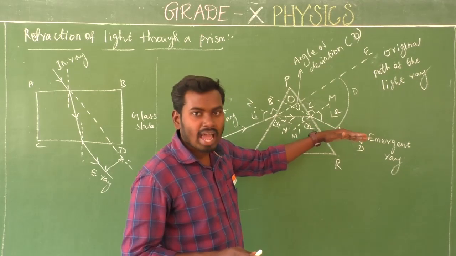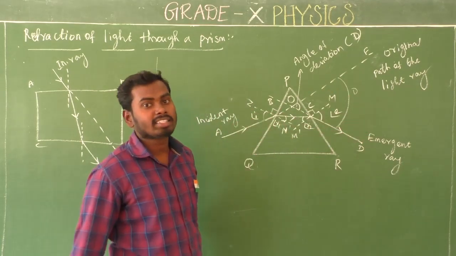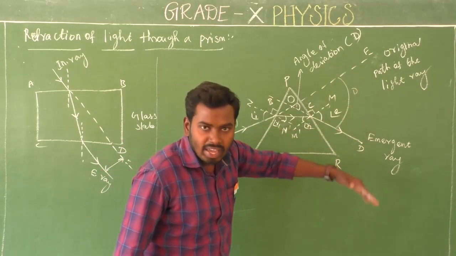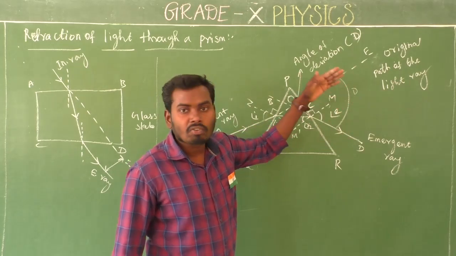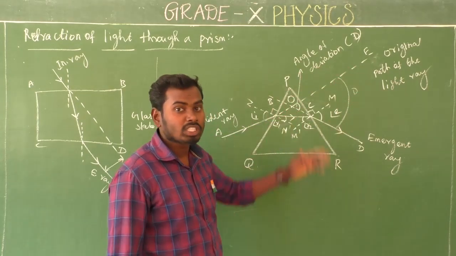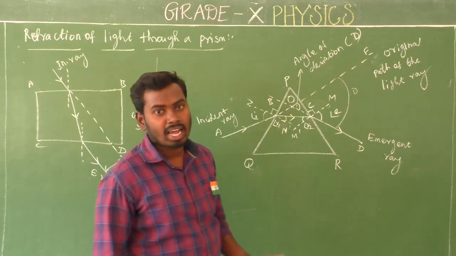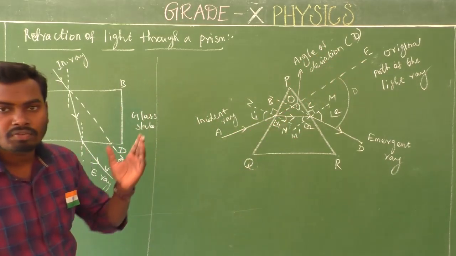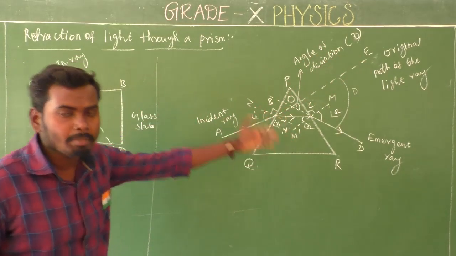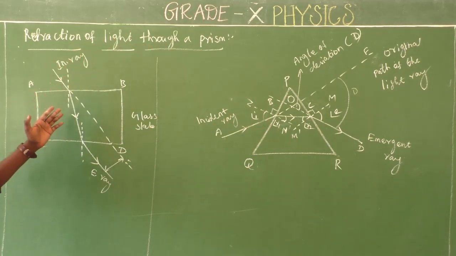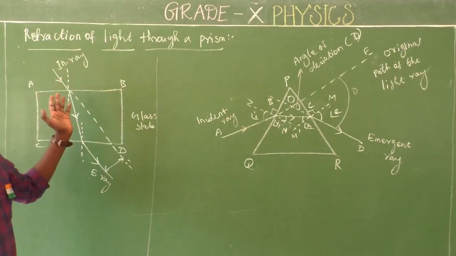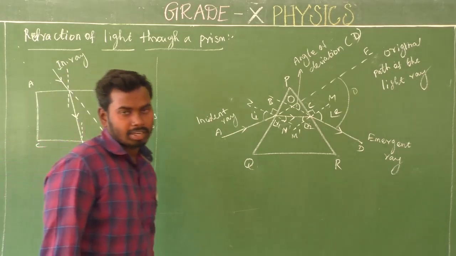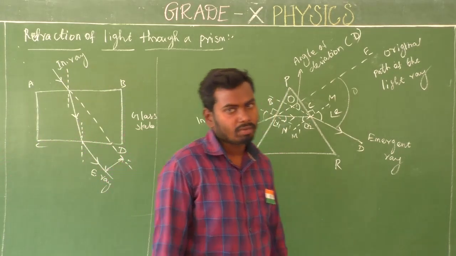Here the emergent ray deviates from the original path of the incident light. That is the difference between the refraction of light through a glass prism and the refraction of light through a rectangular glass slab. Is it clear? Very simple.